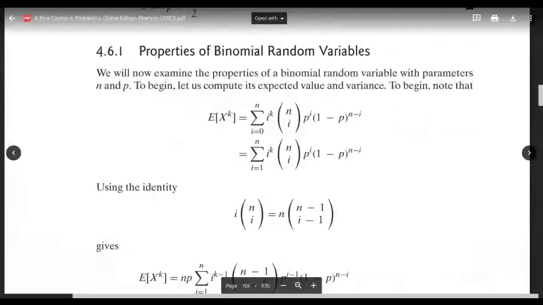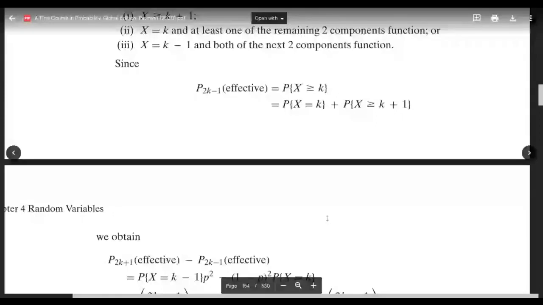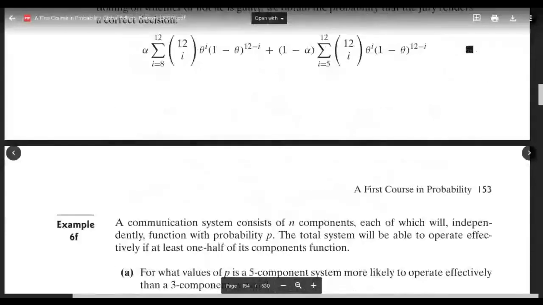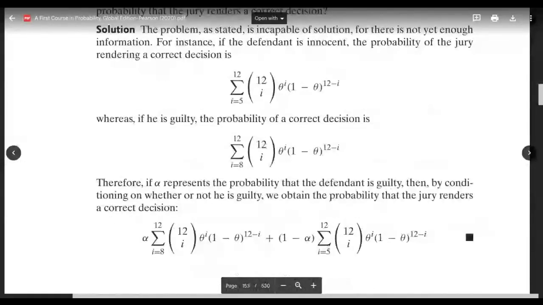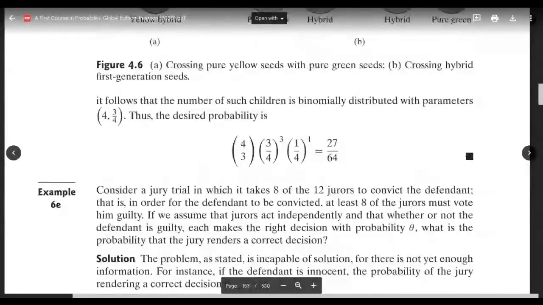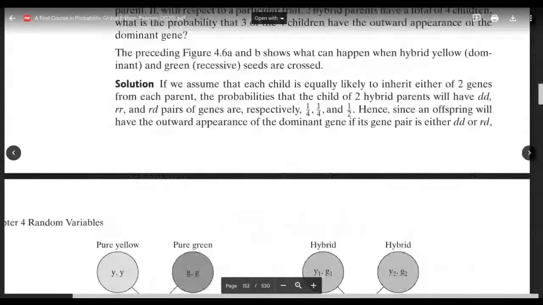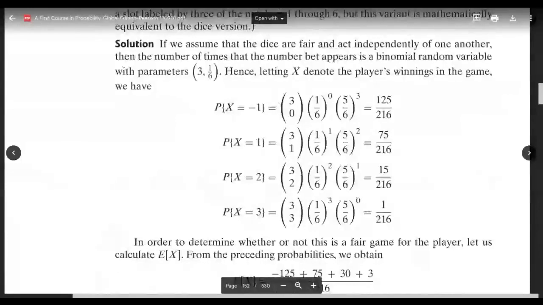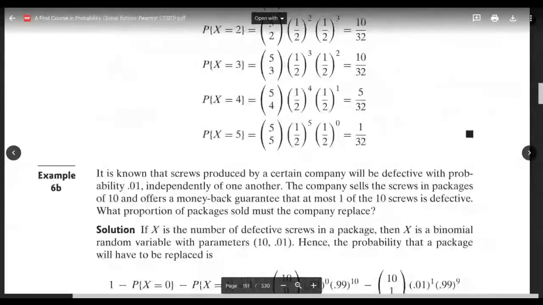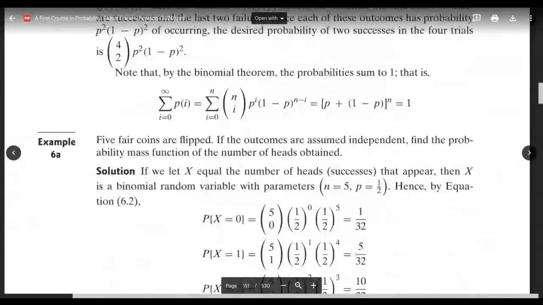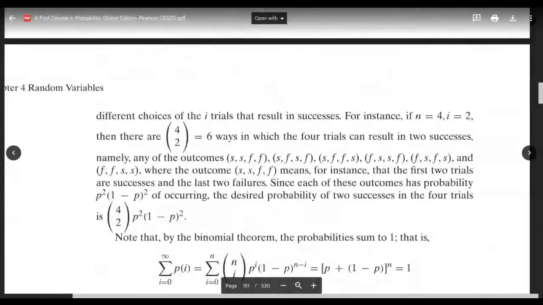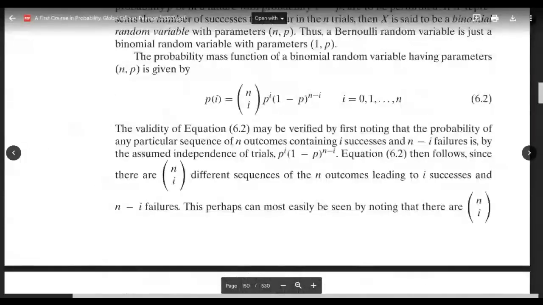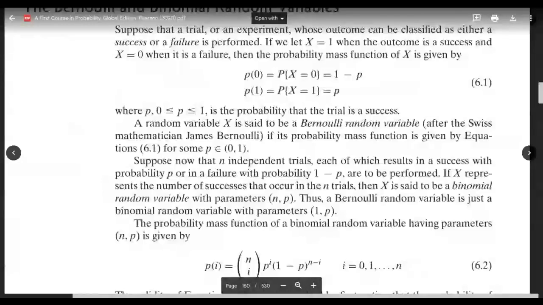The proof is here. I think I skipped a proposition somewhere.